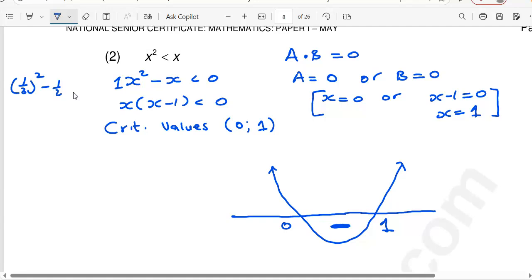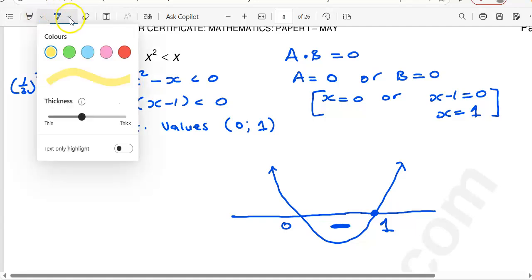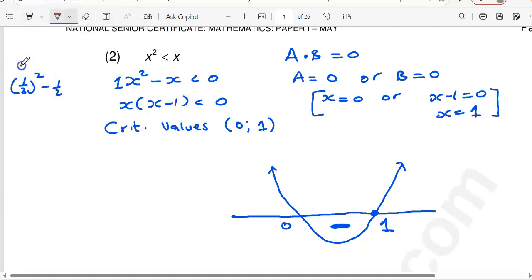If the middle part between these 2 points is negative, just know that the other side will be positive and this other side will be positive. Now, look at this part. They ask, where is your solution negative?